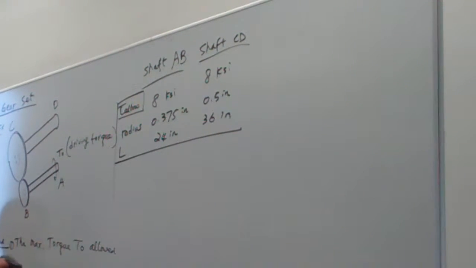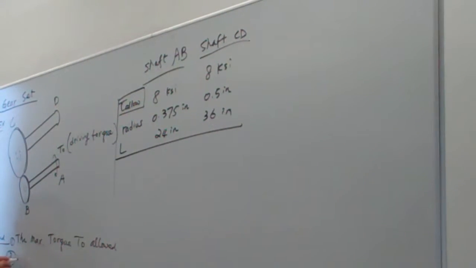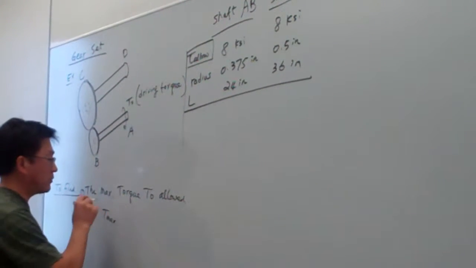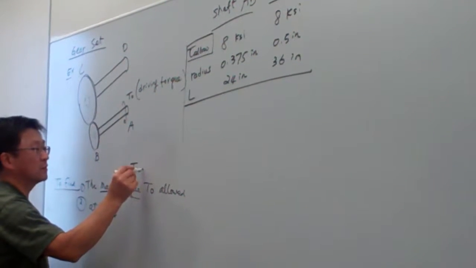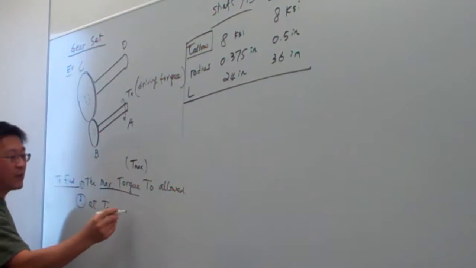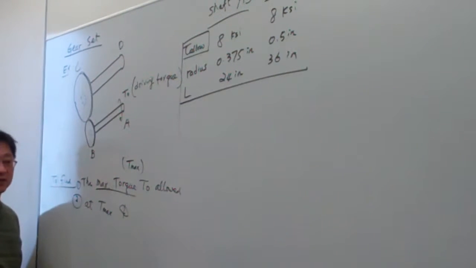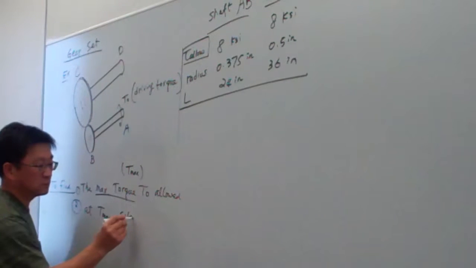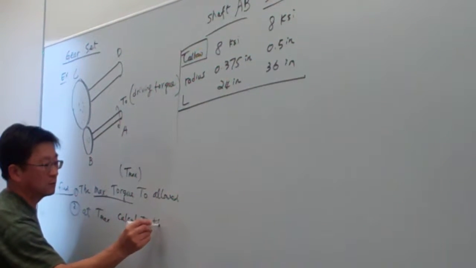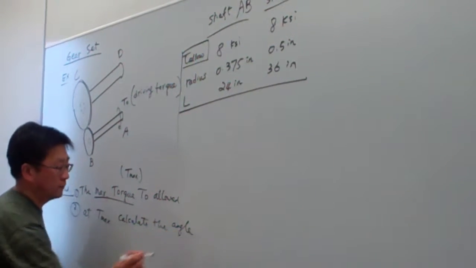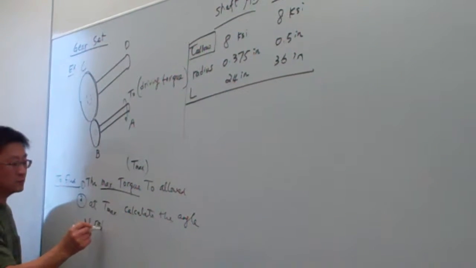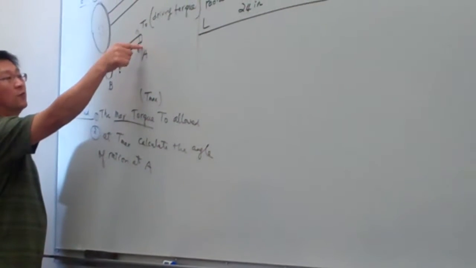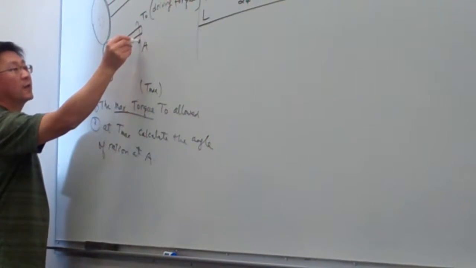The second thing we want to calculate is, at this maximum torque, let me call it T maximum, the corresponding angle of rotation at A. A is where the torque is applied, the free end.